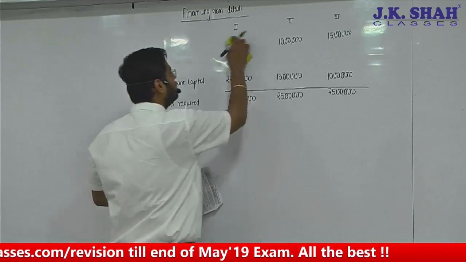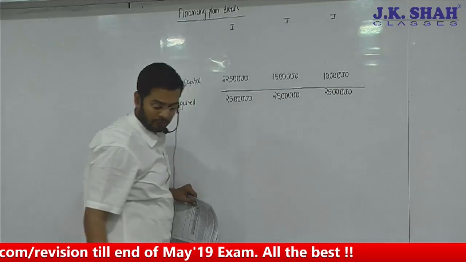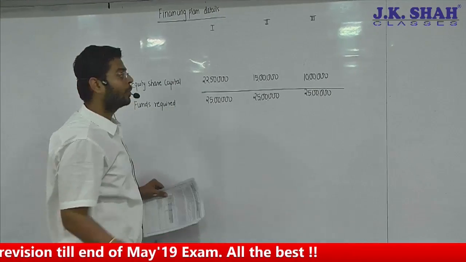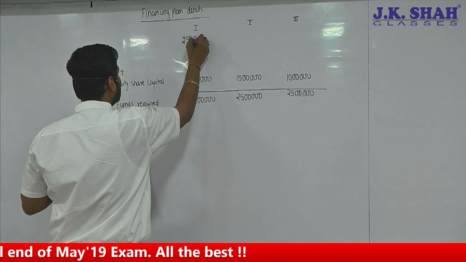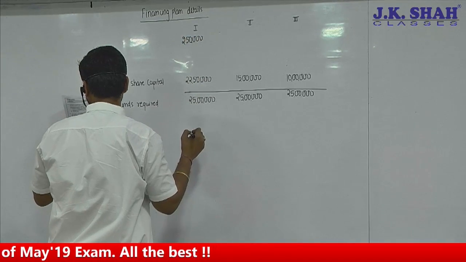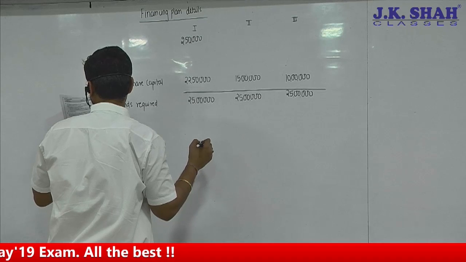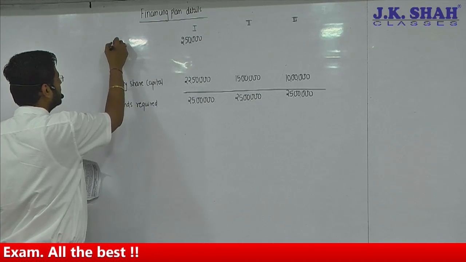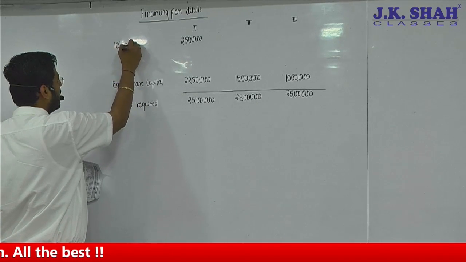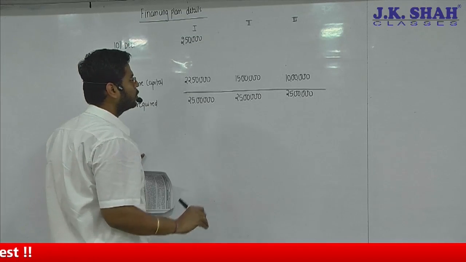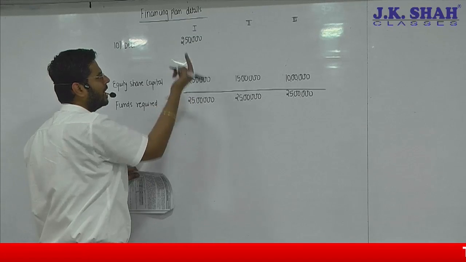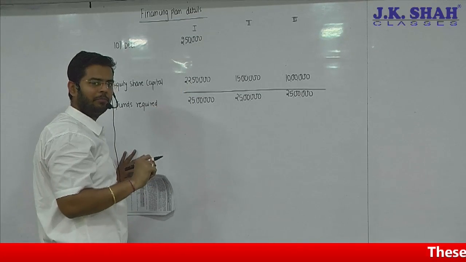So how would we prepare this table now? If you notice, the question says the loan is available at 10% rate of interest, correct? So it's available at 10% rate of interest up to 2.5 lakh. So if you go for this loan up to 2.5 lakh, you will be charged 10%. Now here your requirement is only 2.5 lakh, so you'll raise it entirely at 10%.